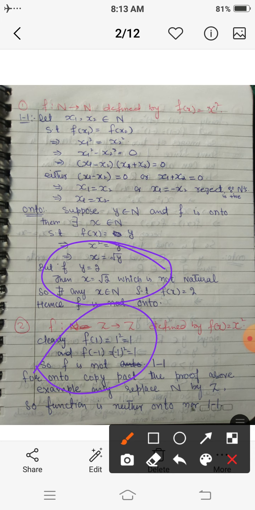So this function from Z to Z defined by f of x equals x square is neither one-one nor onto.